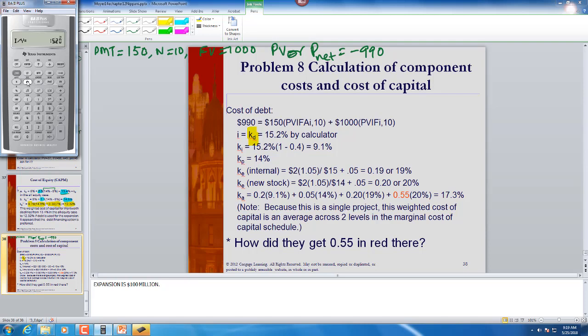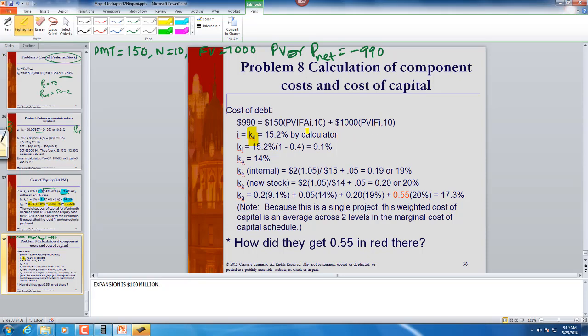Compute I/Y, 15.2. As I said, we get 15.2 by calculator. So that is the before-tax cost of debt.